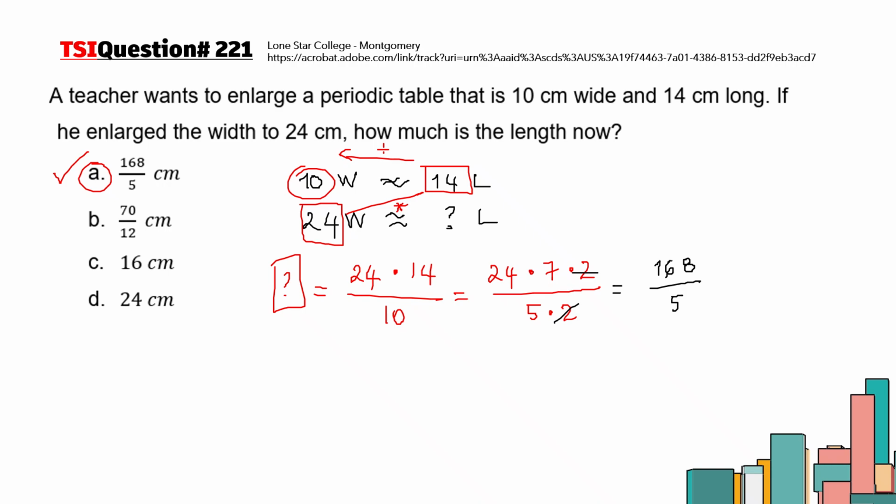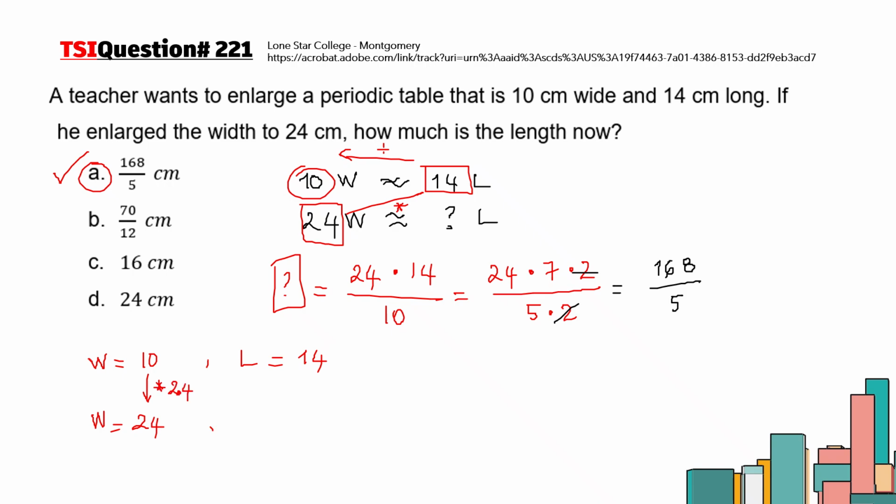We can see this one as a directly proportional problem, where your width is equal to 10 centimeters and your length is equal to 14 centimeters. So now the new width is 24. This is the same thing as, when you increase it, you multiply by 2.4.